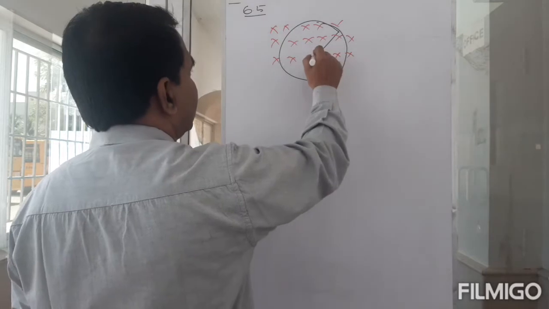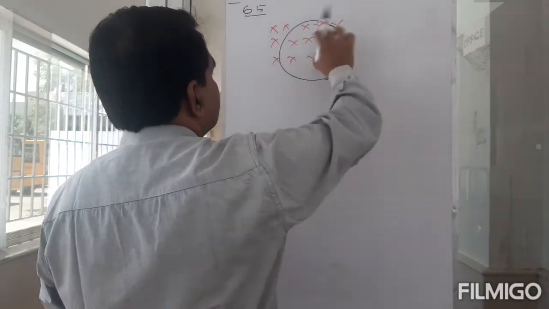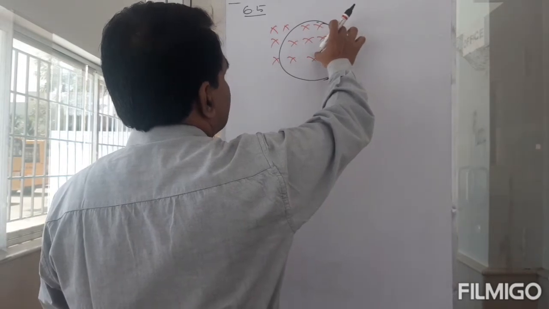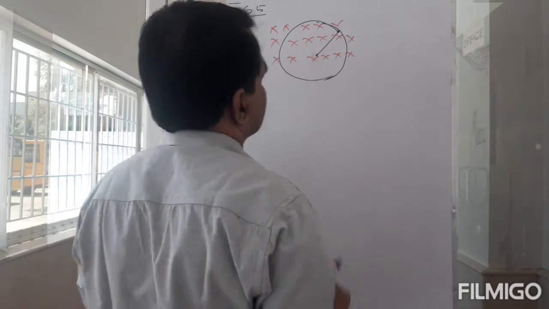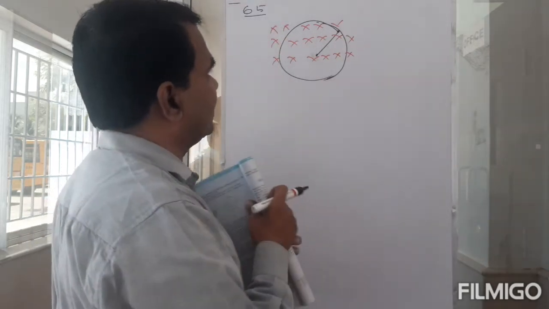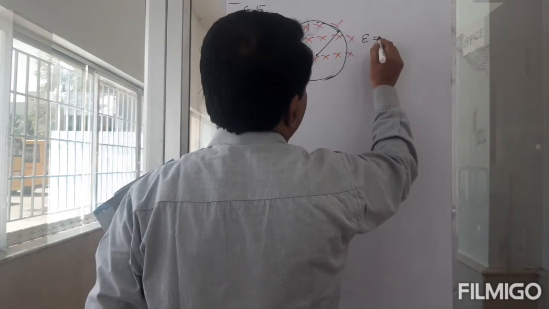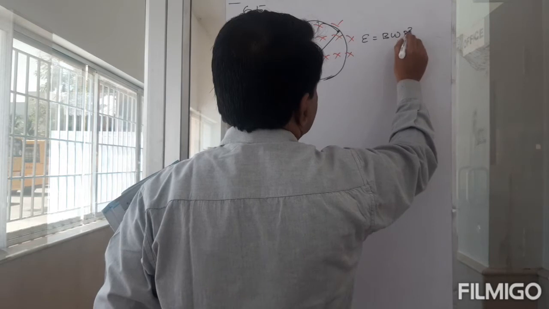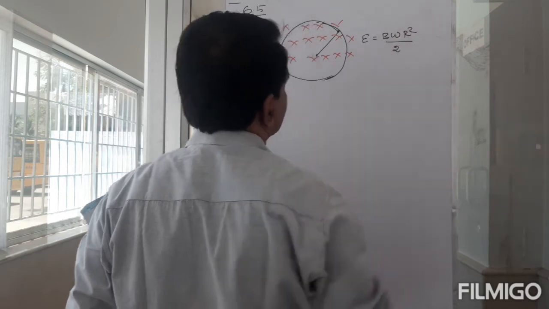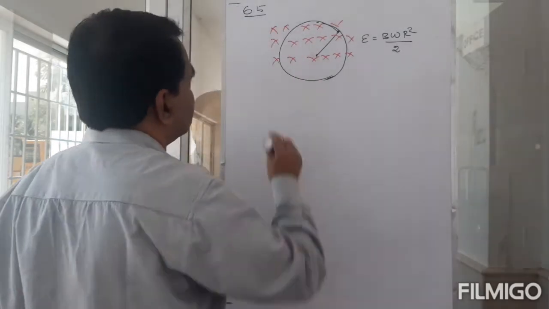So they want you to find, this rod is going around, then they want you to find the EMF induced between this end and this end. So we already derived this expression. We said the EMF induced is equal to B omega r squared by 2, where B is the field strength.